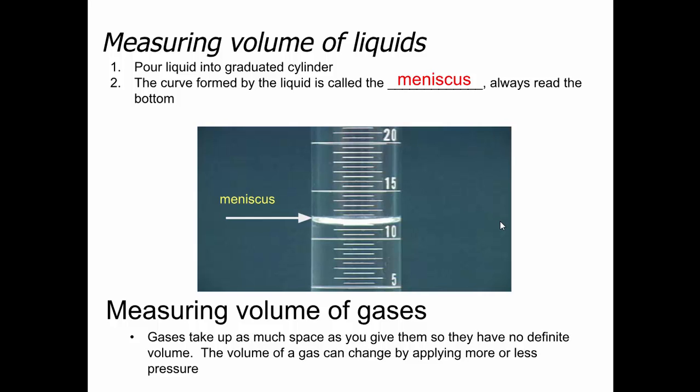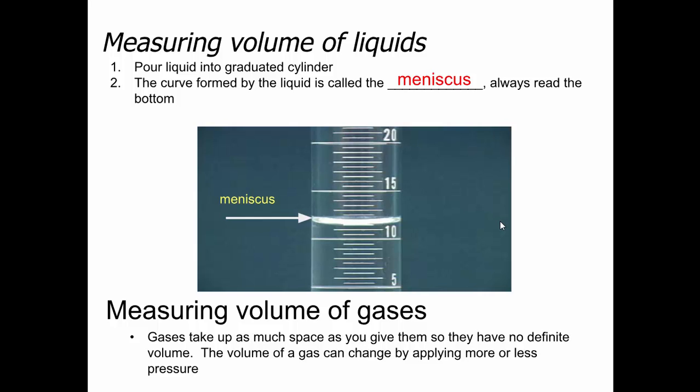This graduated cylinder, each line is 1 milliliter. So it depends on the graduated cylinder, so you have to look at it. Looking at this graduated cylinder, this 5, what does it go with? The big long line. These 5 milliliter markings are the longest ones.